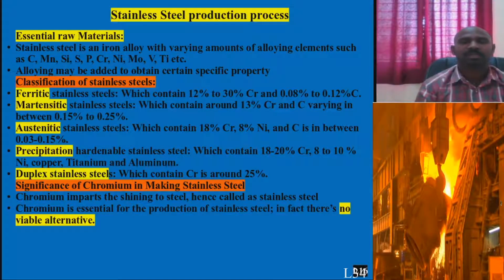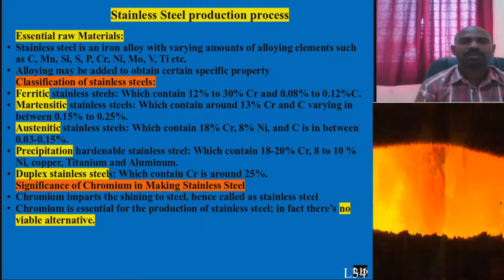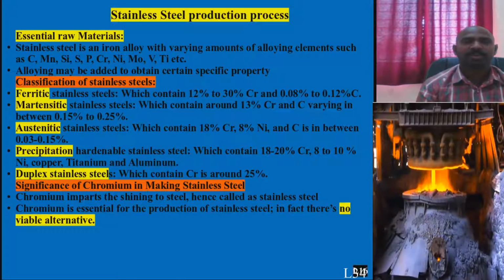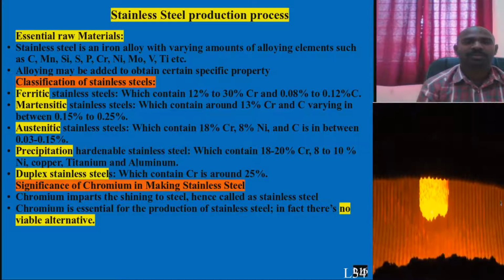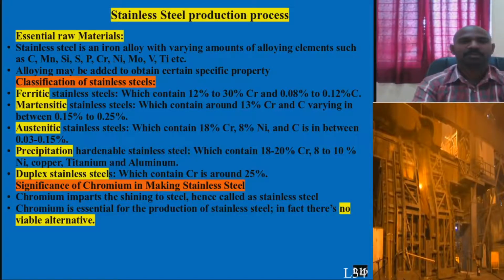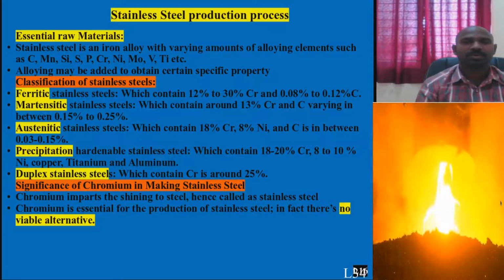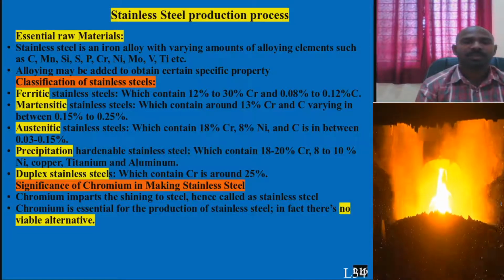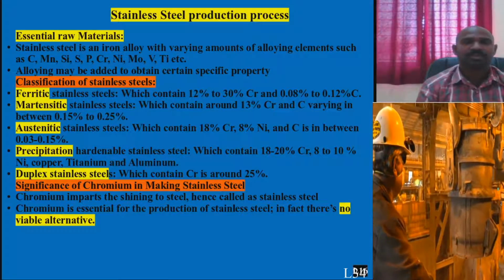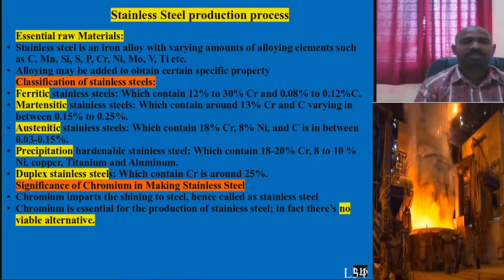Chromium is very important in the production of stainless steel. You will realize from the classification of stainless steel that there is no alternative other than chromium to make steel into stainless steel. One needs to note this point. These kinds of concepts are important for GATE examination and viva questions.